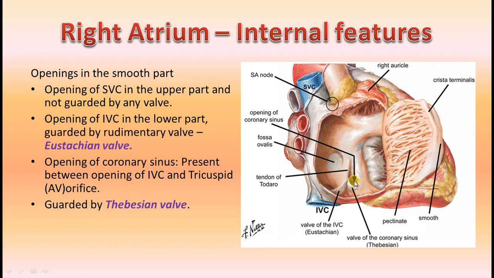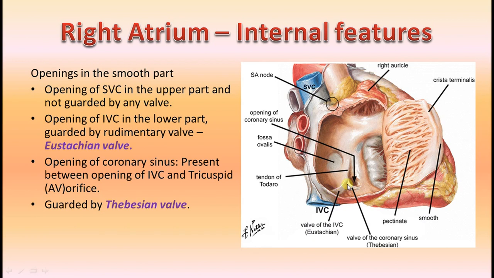The opening of the coronary sinus is again guarded by a very rudimentary valve called the Thebesian valve. So the opening of the IVC is guarded by the Eustachian valve, and the opening of the coronary sinus is guarded by the Thebesian valve. This Thebesian valve is nothing but a subdivision of the valve of the IVC.